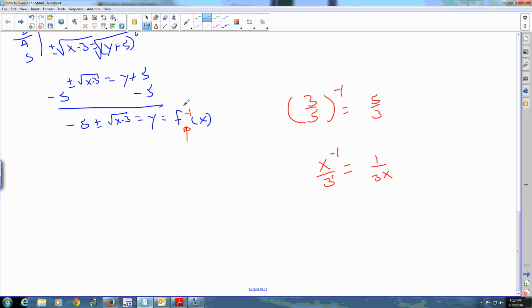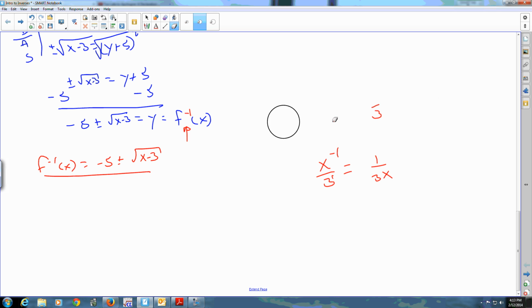It means inverse. So yeah, it's unfortunate that they use a similar notation to something you already know, but that's beside the point. It means something different when it's written here. It's not reciprocal. So your final answer would be f inverse of x is equal to -5 plus or minus the square root of x minus 3, and that would be your final answer.